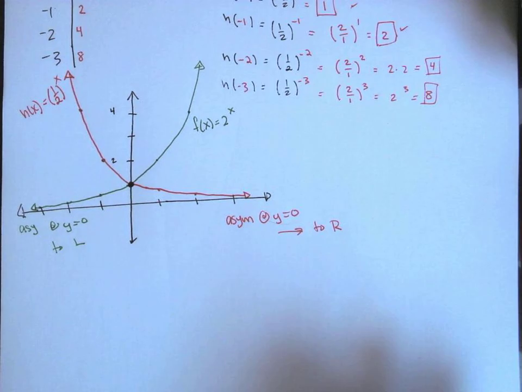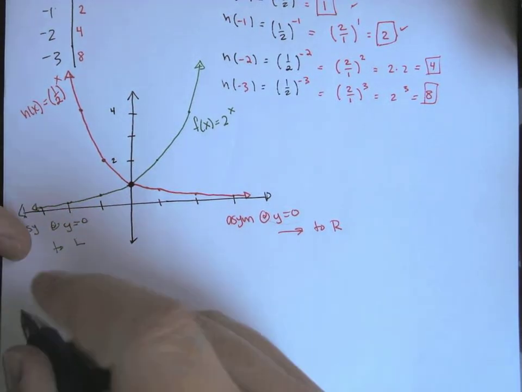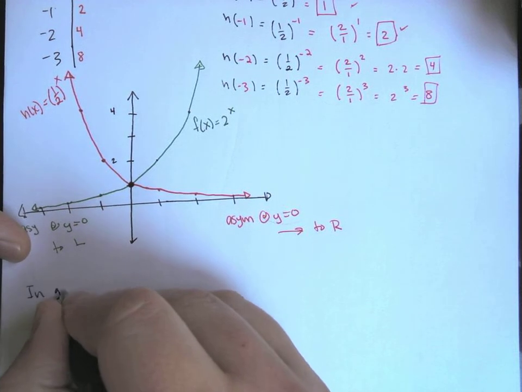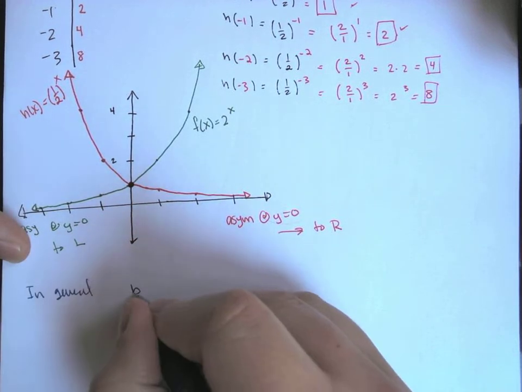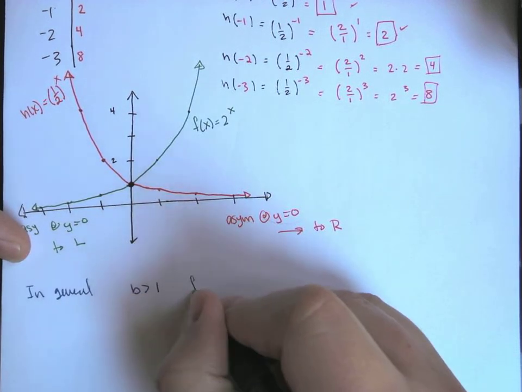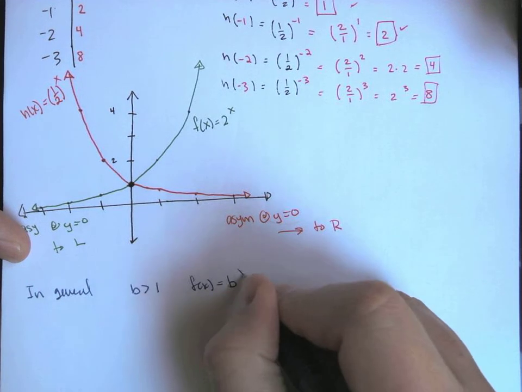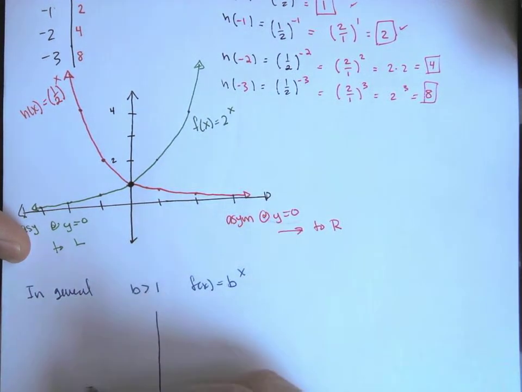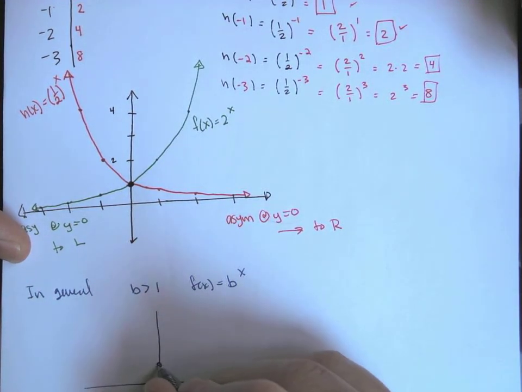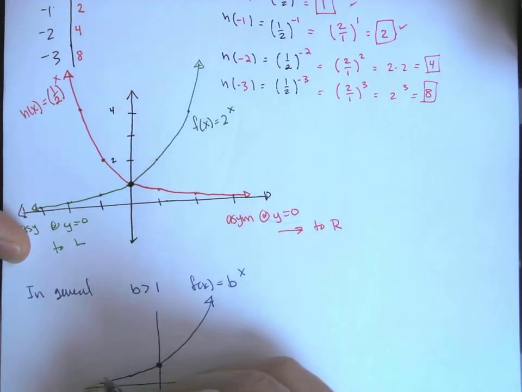If we just say in general, I'll mark this down on the bottom. If our b value is greater than 1, f of x equals b to the x. It's going to go through 0, 1, and it's going to be up and to the right.